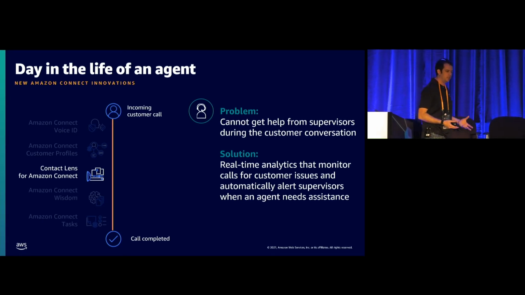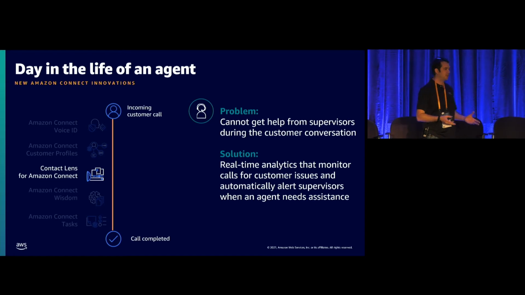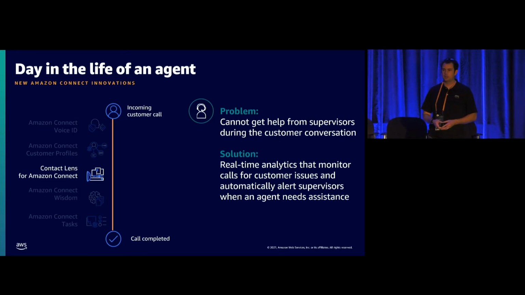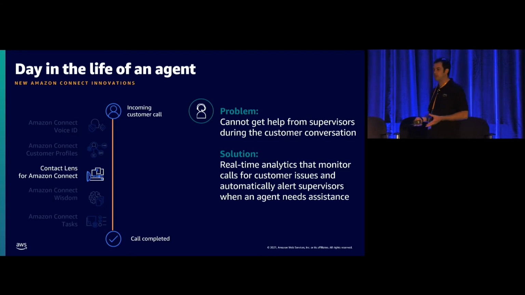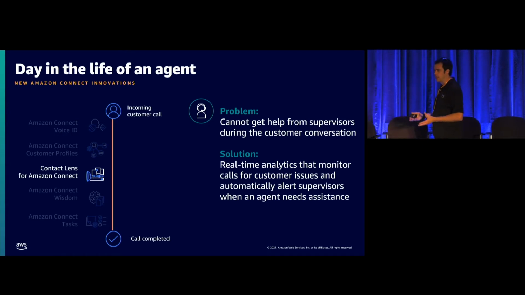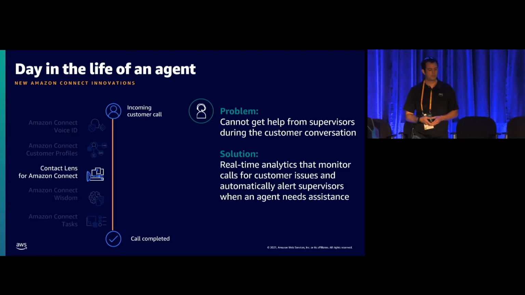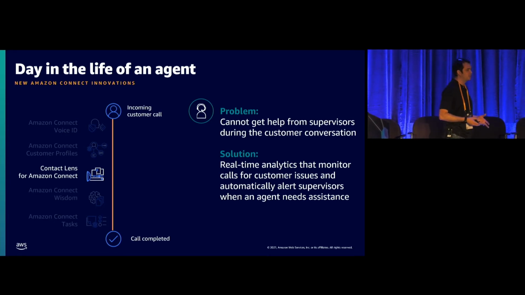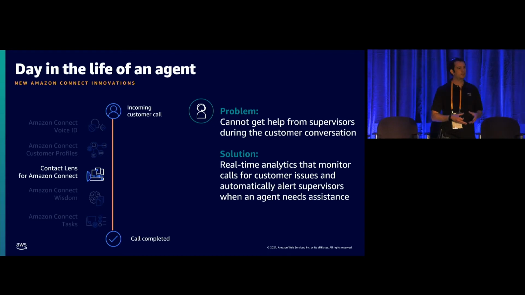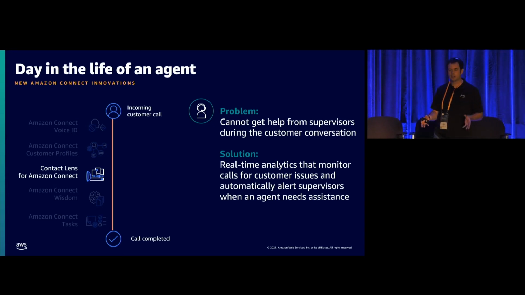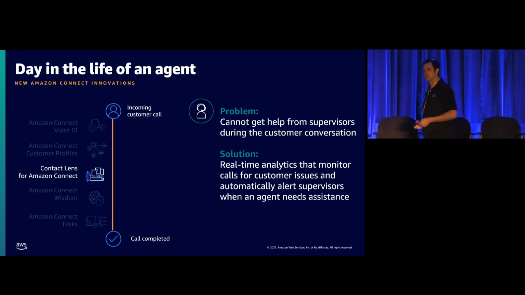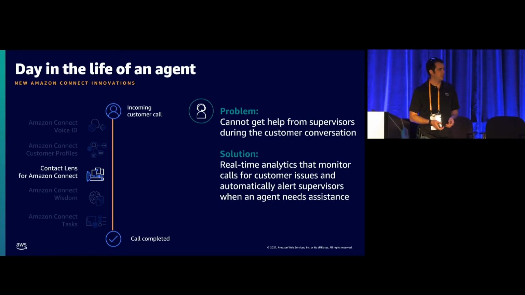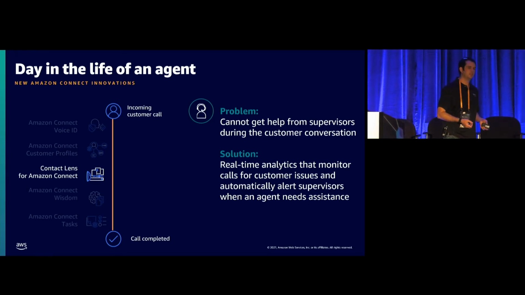So I mentioned as an agent, it was difficult if a customer was frustrated, or perhaps if an agent didn't have all the right information and had long silences on the call. When we first introduced Contact Lens for Amazon Connect, customers could analyze all their customer calls for things like sentiment, for compliance, for different trends, as well as potential issues like silence duration.